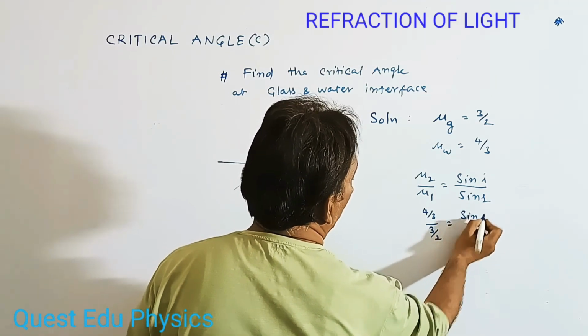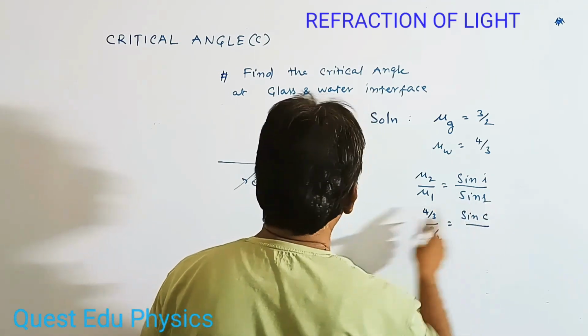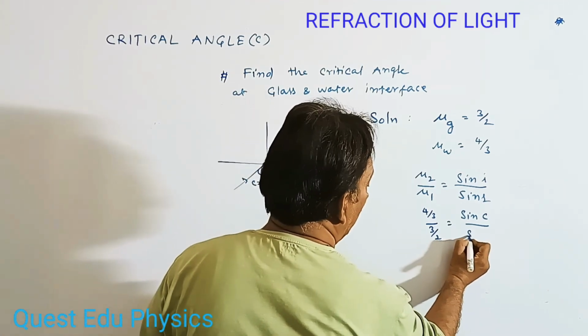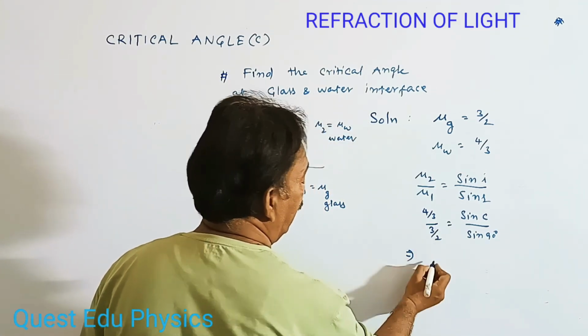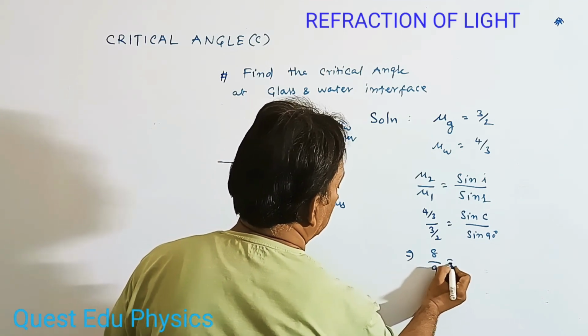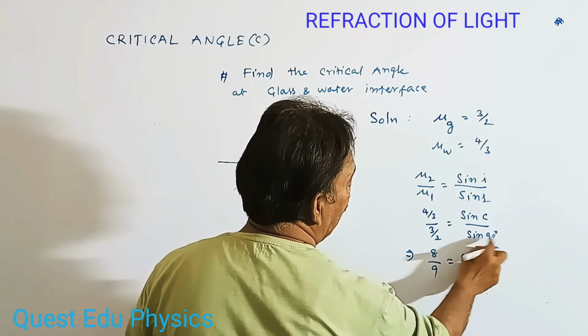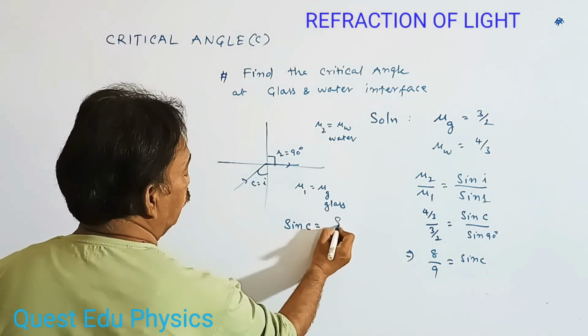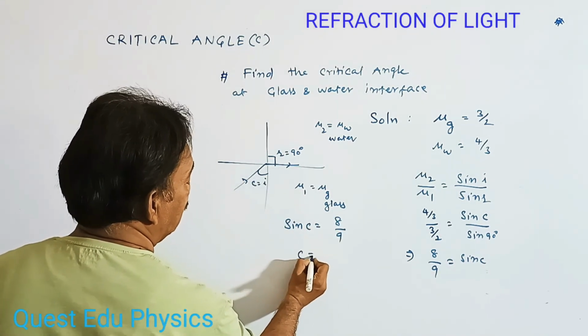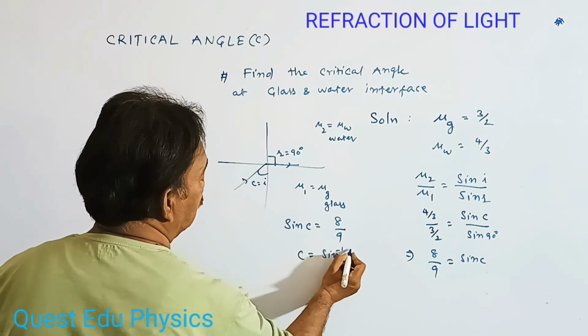I is replaced with C, and R is 90 degrees. Then we can write sin 90. Then you can write further 8 by 9 is equal to sin C, since sin 90 is equal to 1. That is, sin C is equal to 8 by 9, and C is equal to sin inverse 8 by 9.